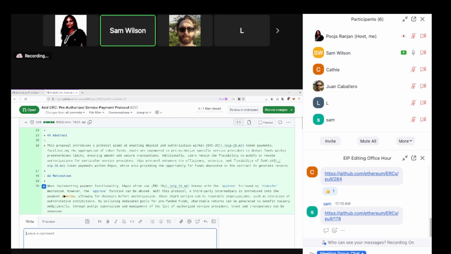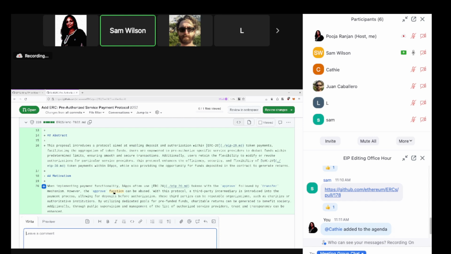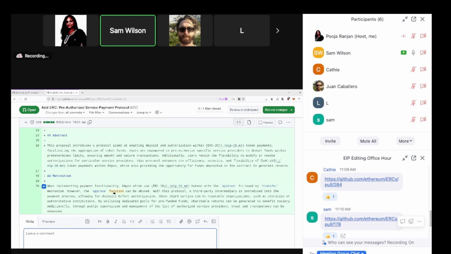Okay. So how can I word this? What I'm trying to say here is that, for me, somebody who's somewhat familiar with ERC20, there's not enough information here explaining why approve and transfer don't work.